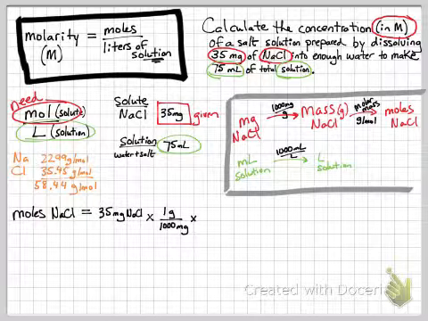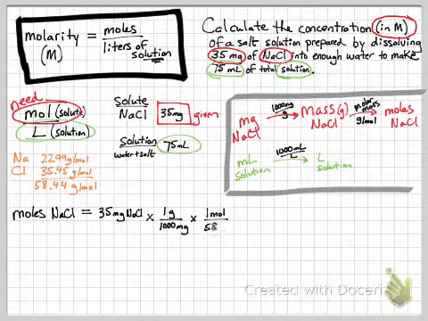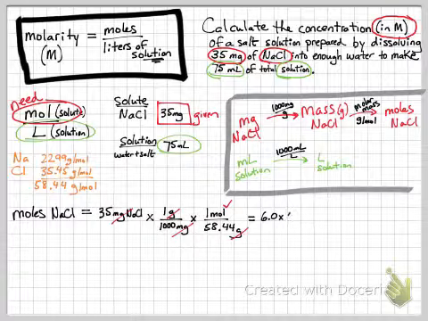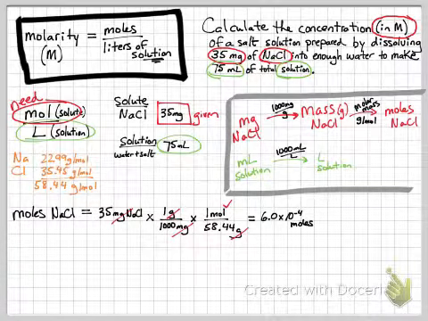And so now we can use that in the equation. Notice that we're going to have it inverted, 1 mole per 58.44 grams, so that our units properly cancel out, grams and milligrams. That leaves us with units of moles, which is what we want. Taking that through, we get 6 times 10 to the minus 4th moles of sodium chloride.